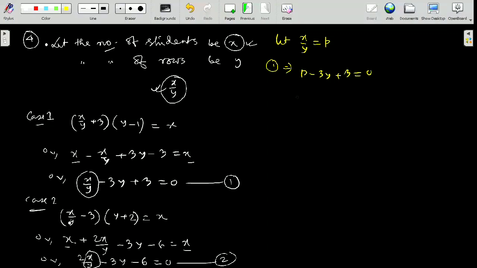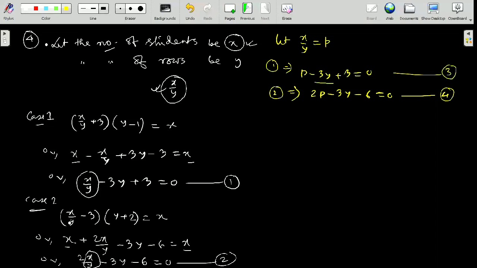And the second equation is 2 times x by y minus 3y minus 6 is equal to 0, and x by y is equal to p. So it will be twice p minus 3y minus 6 is equal to 0. Mark it equation number 4 and the previous one, 3.